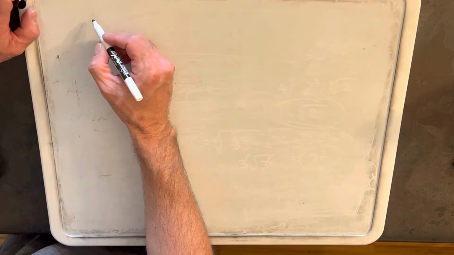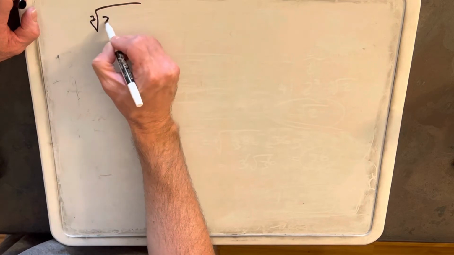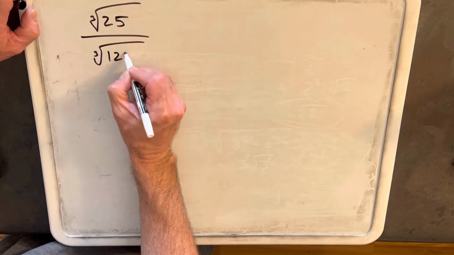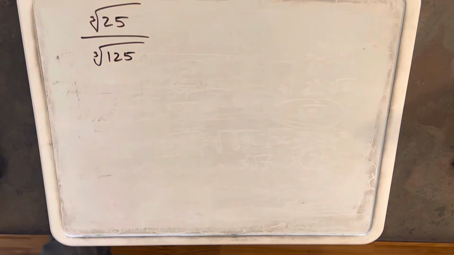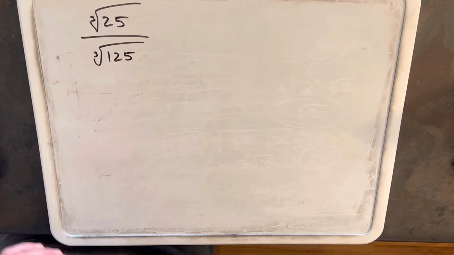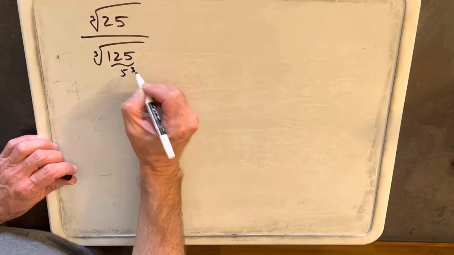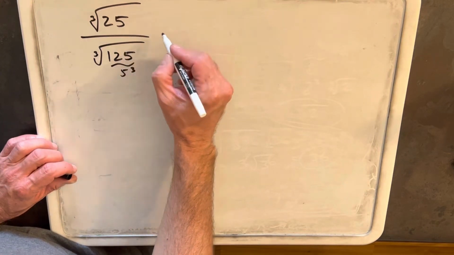That looks interesting. So we have the cubed root of 25 over the cubed root of 125. We could do this, yeah, I think we could do this 2 ways. So 125 is 5 cubed, 25 is 5 squared.